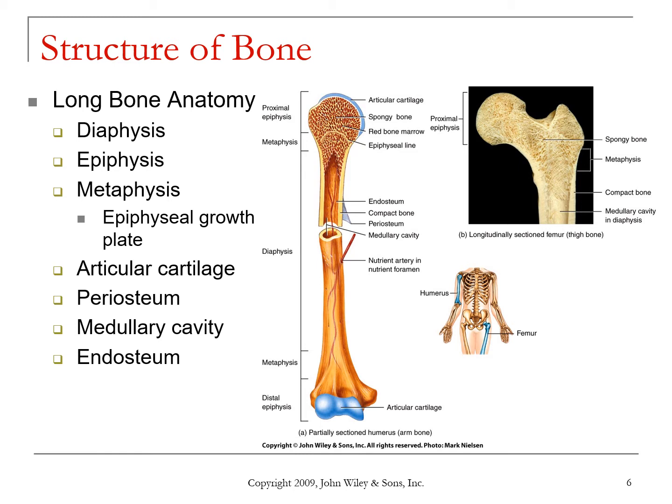The metaphysis is the intermediate region connecting the epiphysis to the diaphysis. Metaphysis is also significant because during infancy and childhood, there is a band of cartilage that runs through the metaphysis called the epiphyseal growth plate.